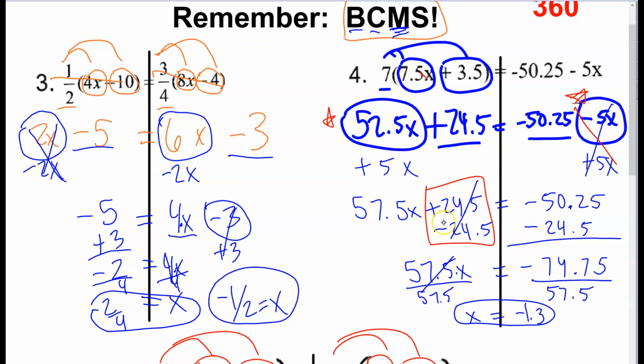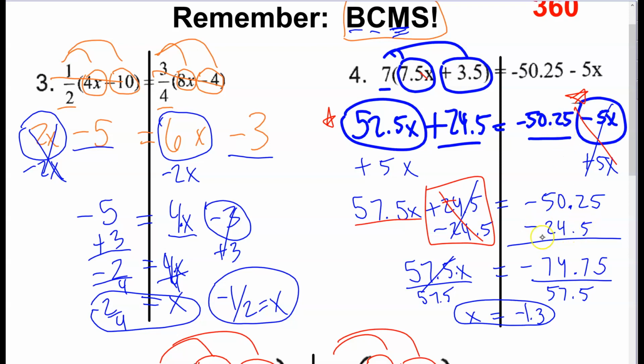So this step comes after we move the variable. We also need to move our constant terms. We want to get x by itself, right? So we think about this as almost a two-step equation now, where I've got my x term and my constant term, without the variable, that's what needs to move first. So in order to get rid of a plus 24.5, I'm going to subtract 24.5. Do it on both sides. I've already got a negative 50.25.